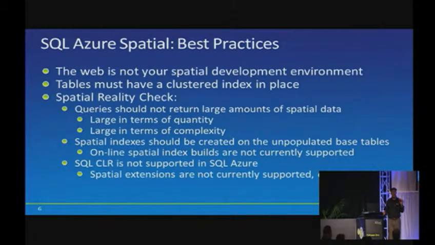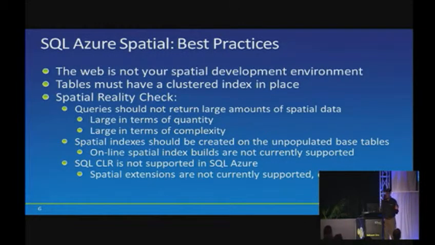Spatial requires, if you want a spatial index, that you have a primary key on that table. A primary key by default has a clustered index. And so consequently, if you're going to run a spatial index in the cloud, which I would highly recommend that you do, you will typically have a primary key. You will typically have a clustered index, so no big deal.